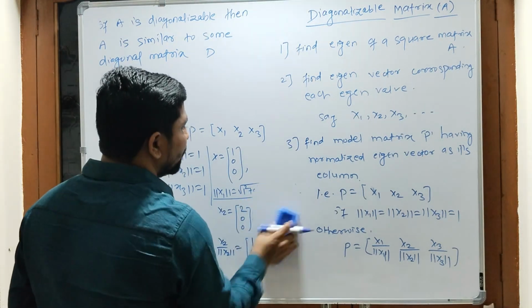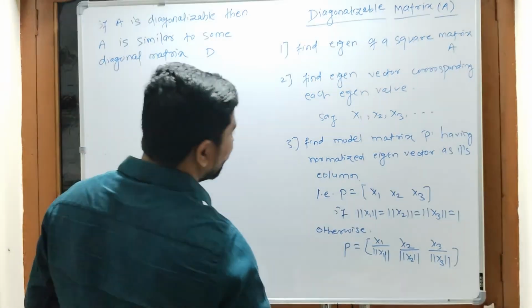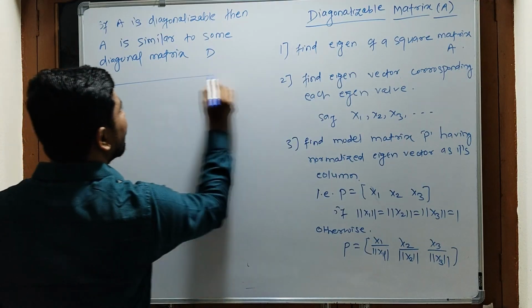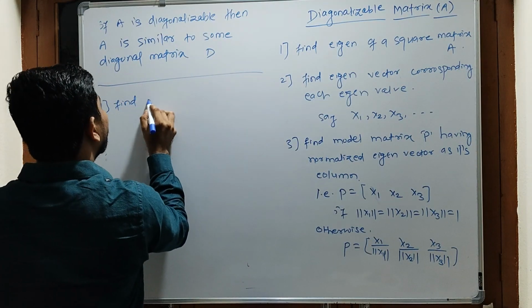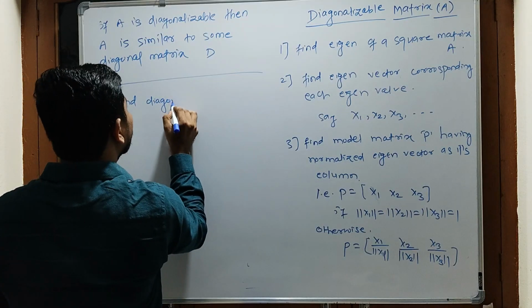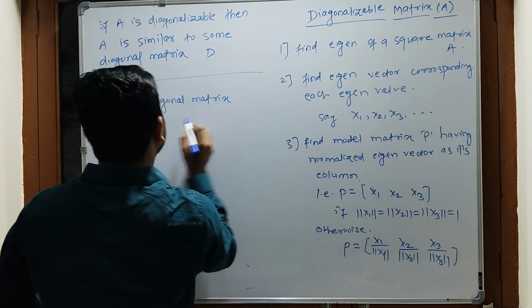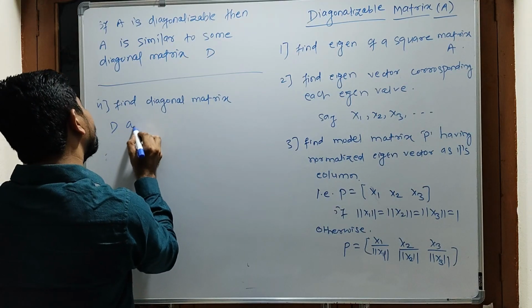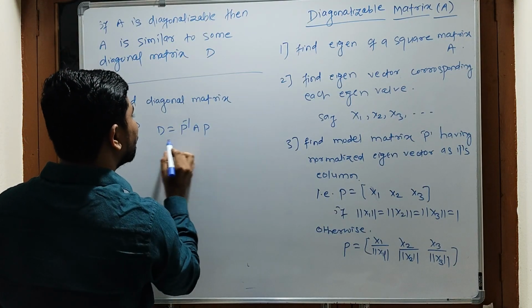Now the fourth step is to find the diagonal matrix D. Here, fourth point, find diagonal matrix D, as D can be written as P inverse AP.